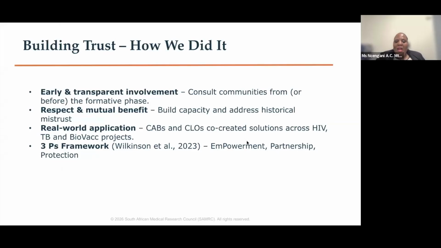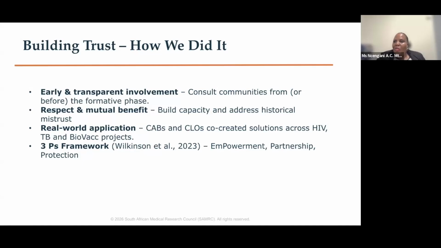This slide is talking about trust. Building trust requires early involvement and transparency with the community stakeholders, even before the formative phase of the clinical trial. We always respect mutual benefit, especially in contexts where there may be historical mistrust. In our work, we have seen the value of co-creating solutions with the community advisory board and the stakeholders across different projects, namely HIV prevention studies, TB, and BioVac vaccines.